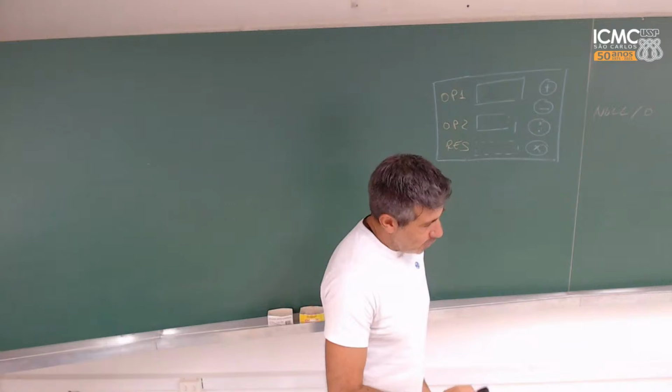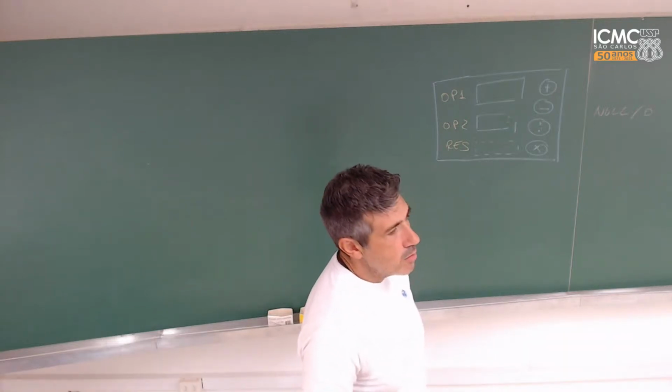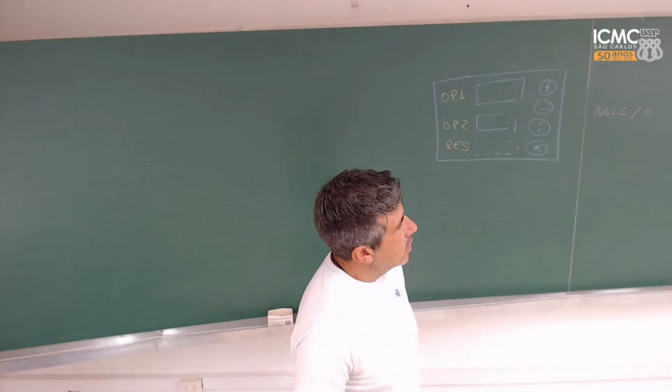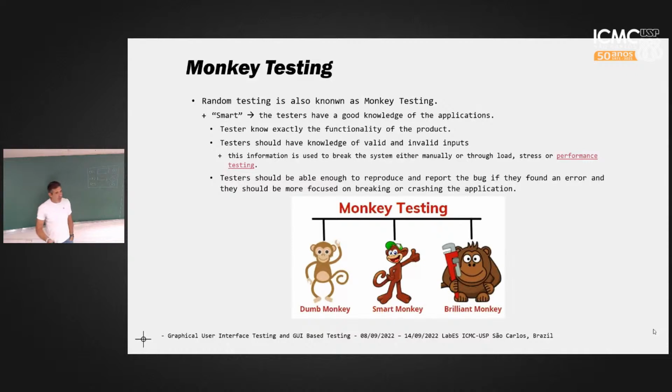Yes. We go on with the definition. So in smart testing, the tester has a good knowledge of the application. Imagine that this is the application, and we have a good knowledge of it. The tester knows exactly the functionality of the product, and should have knowledge of valid and invalid inputs.